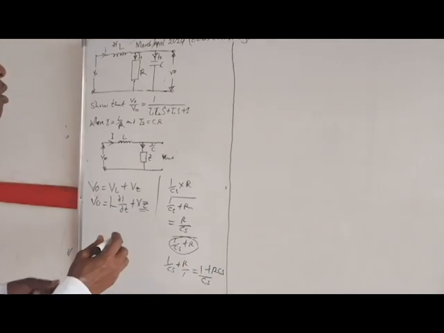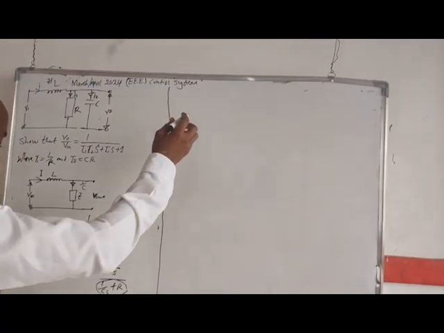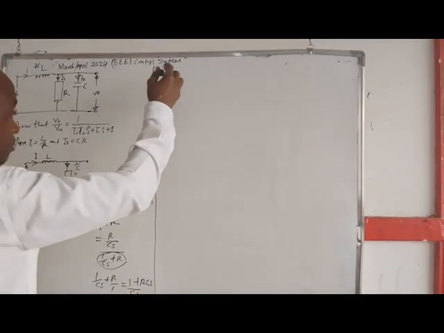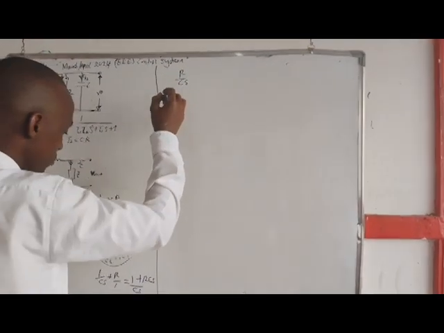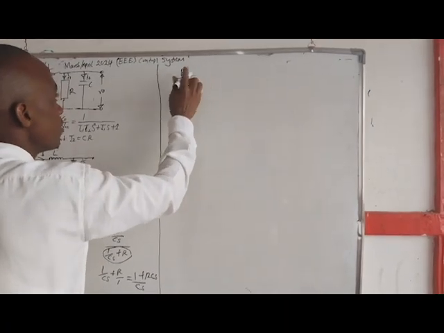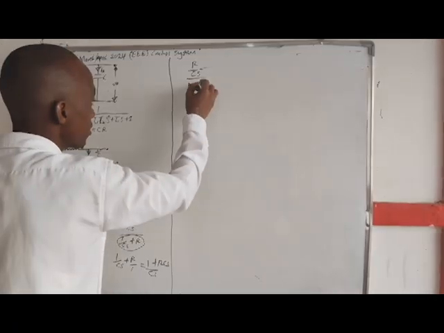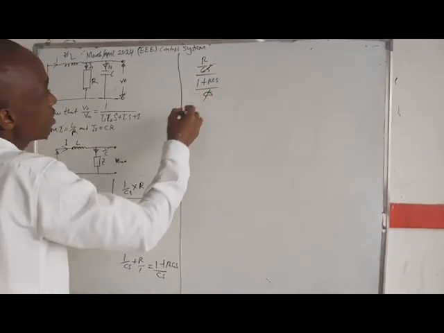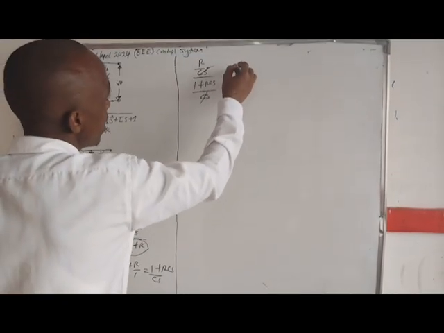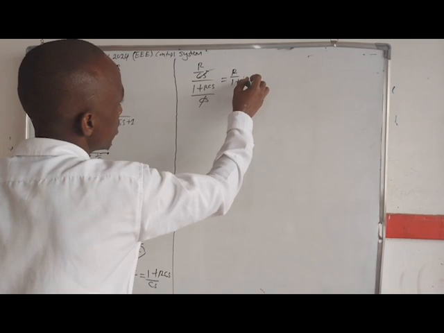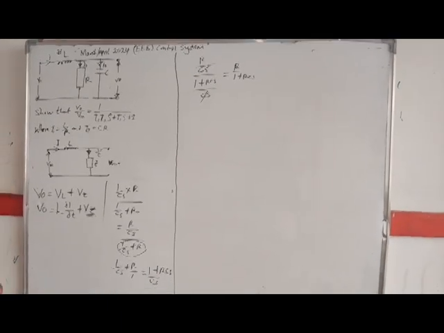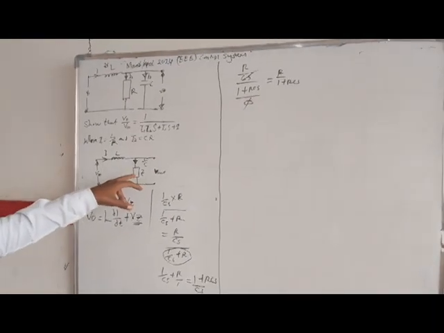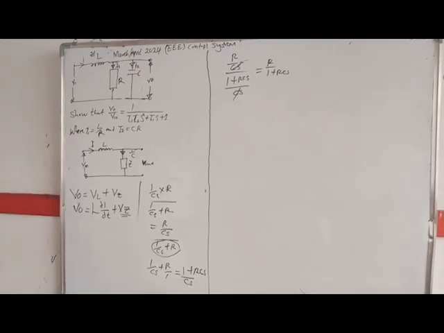Now we combine the numerator and denominator, which is R over Cs divided by 1 plus RCs over Cs. Mathematically, this Cs and this Cs will cancel out, and now we are left with R over 1 plus RCs. This represents the parallel parameters R and C in Laplace transform.